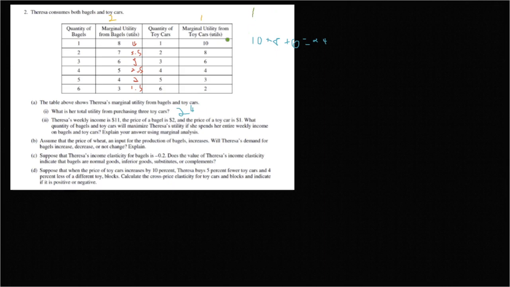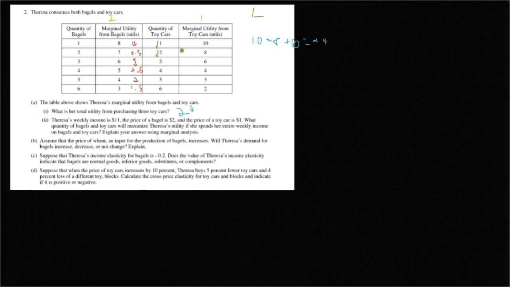I'm just going to keep a tally of how many dollars we spent. So we got the first toy car. Cool. Next we're going to look at whatever gives us the next most satisfaction. So it's either 4 per dollar or 8 per dollar. So we're going to buy a second toy car. So we've now spent $2.